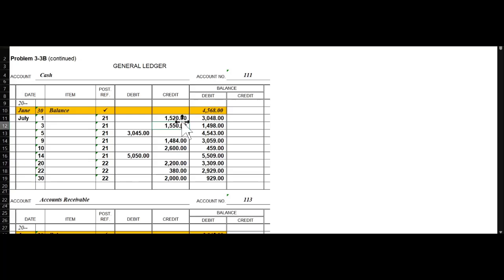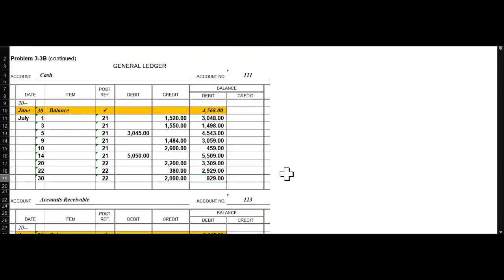Notice that each credit is decreasing my cash, because that's a give, and each debit is increasing because that's a get to an asset. And so we record all the give and the get, all the debits and the credits, and we end up with $929 left in our cash account.